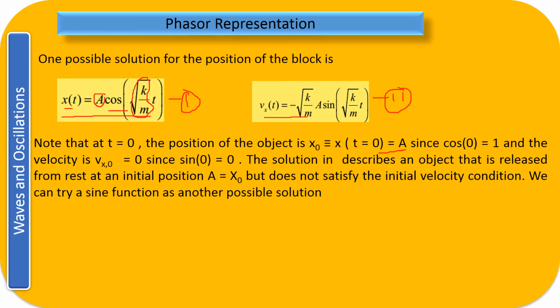That is, at t equal to 0, just before releasing the object, the displacement is equal to a, that is your amplitude. But now you look at your equation number 2. At t equal to 0, sine 0 is equal to 0, right? So it does mean this velocity vx at t is becoming 0. So here the position is coming to a, which is your amplitude, but the velocity is coming to be 0. So it is not telling us anything about the initial velocity.